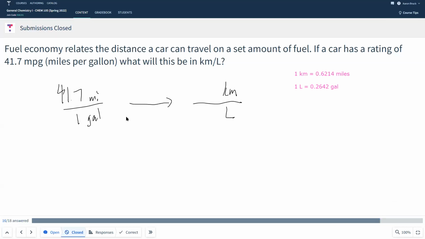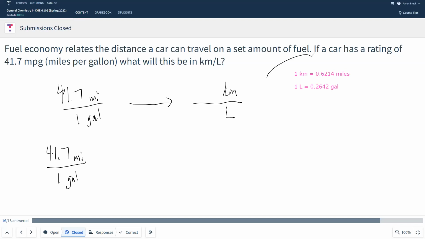Let's go through the answer here. So one of the trickier things with unit conversions is when you have units in both the numerator and the denominator. So again, we're starting with our 47.1 miles in 1 gallon.